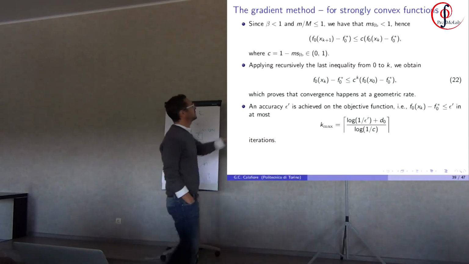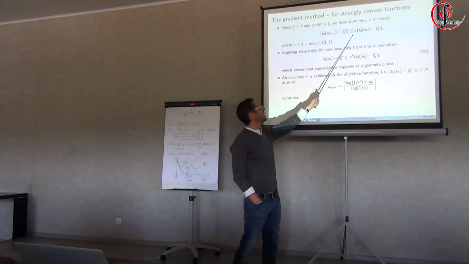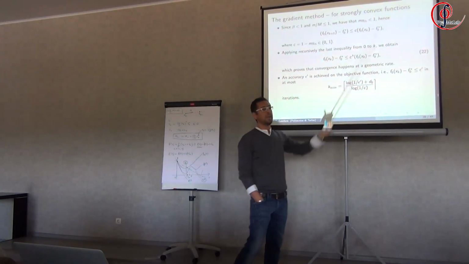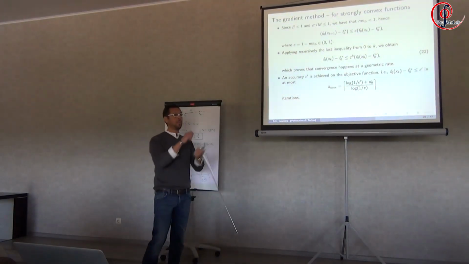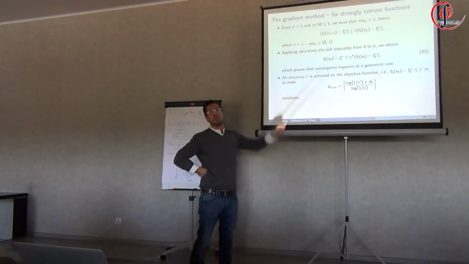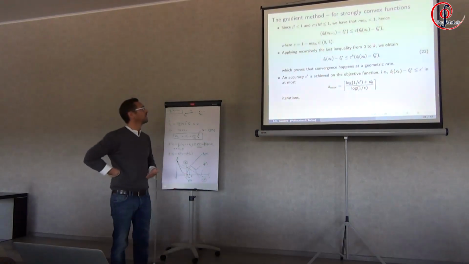Well, to make things short, what we have is that the optimality gap at one iteration is less than or equal to some constant times the previous optimality gap. And the key point of all this playing with constants is that this constant is smaller than 1.